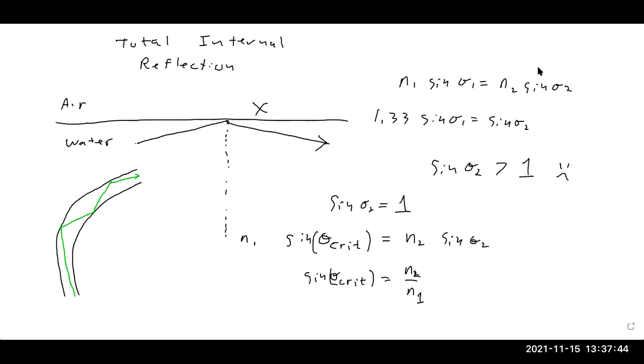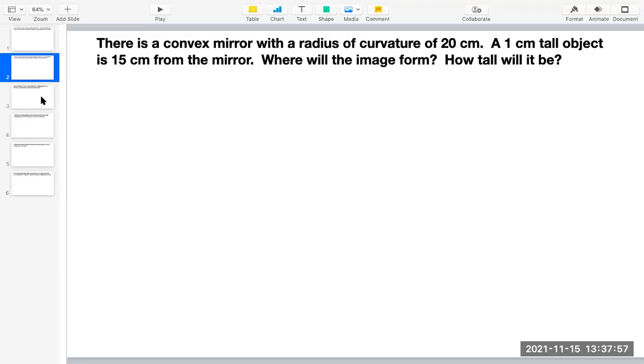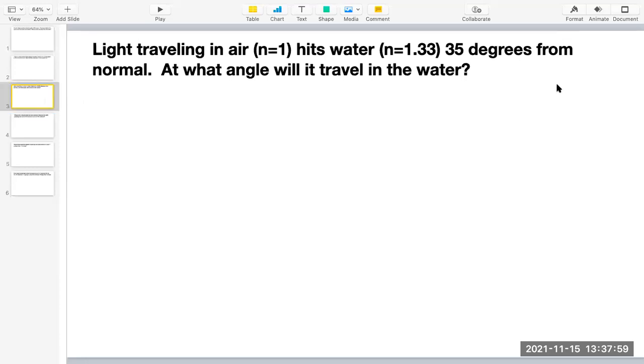Right. Let's do a little Snell's law practice. So polarized sunglasses while fishing.